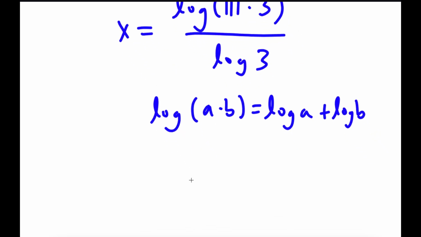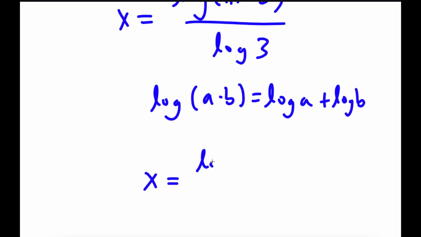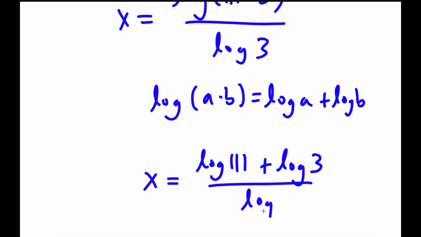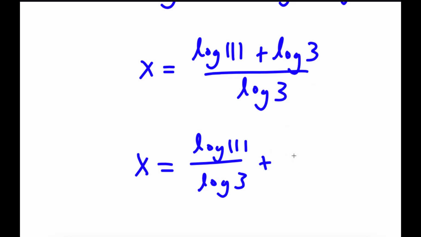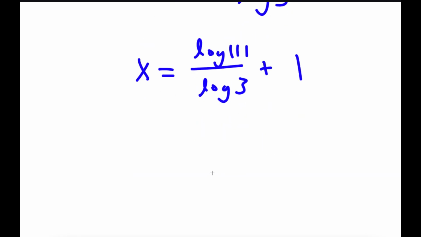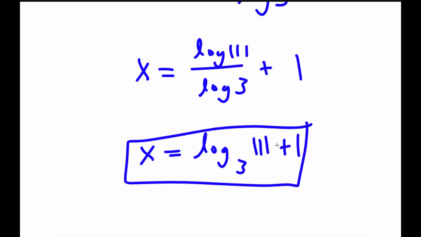So log 111 times 3, that's going to equal log 111 plus log 3 over log 3, which is the same thing as log 111 over log 3 plus log 3 over log 3, which is 1. And log 111 over log 3, that's the same thing as log base 3 of 111, so this plus 1, so this is my answer.